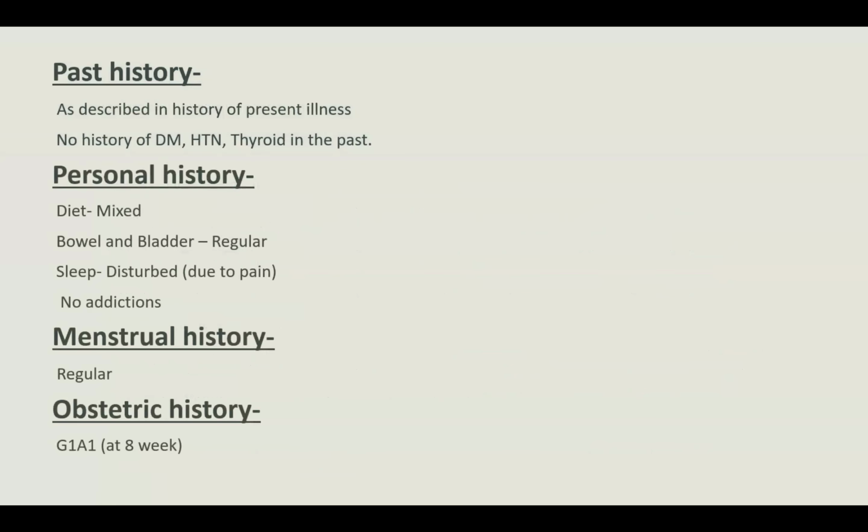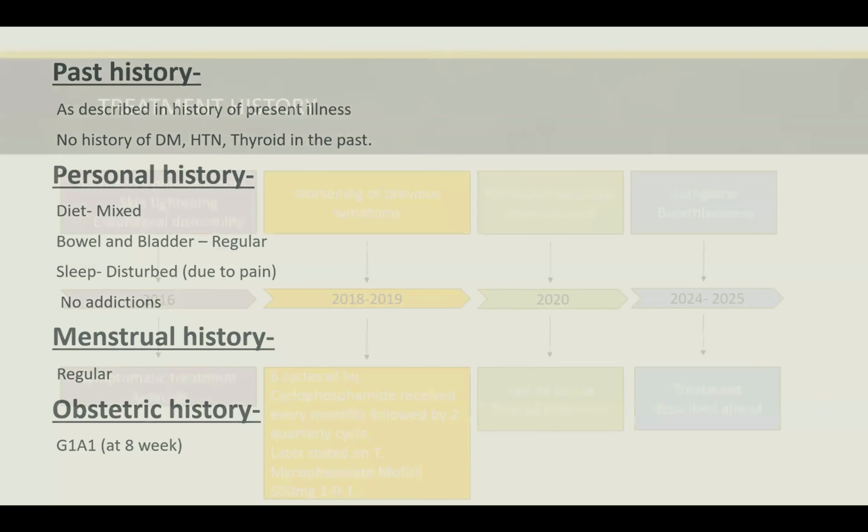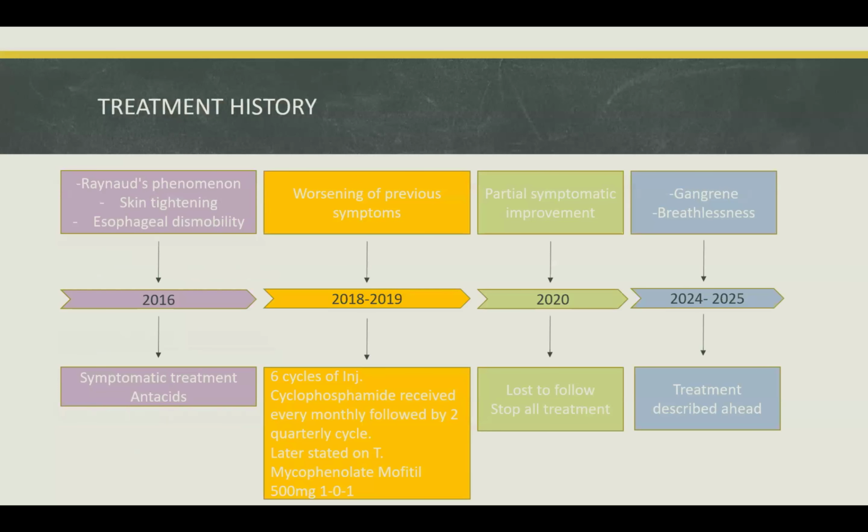Past history was described as previously. Personal history: she has normal bowel and bladder, with sleep disturbed due to pain, with regular menstrual cycle, and she had one abortion at 8 weeks. Her treatment history: in 2016, when she presented with Raynaud's phenomena, skin tightening, and esophageal dysmotility, she got symptomatic treatment with antacids, and further, in 2018 she had worsening of symptoms.